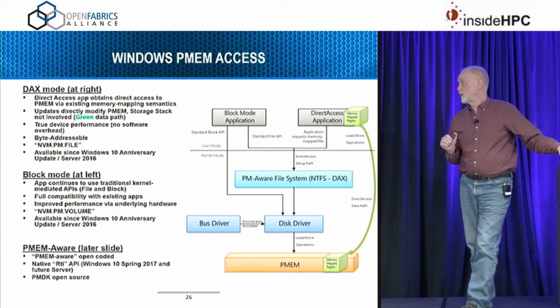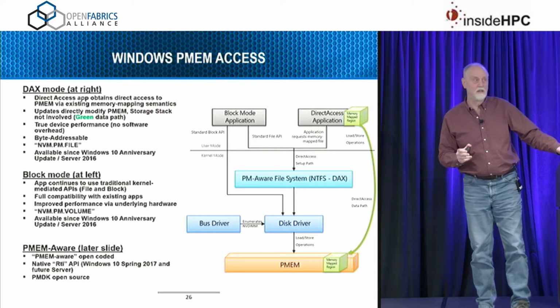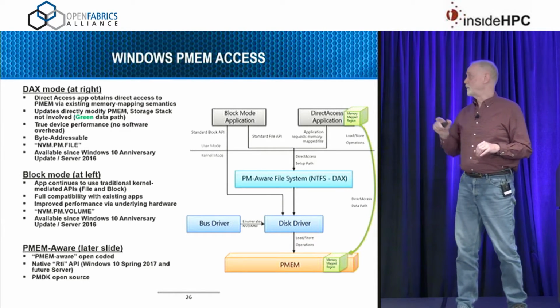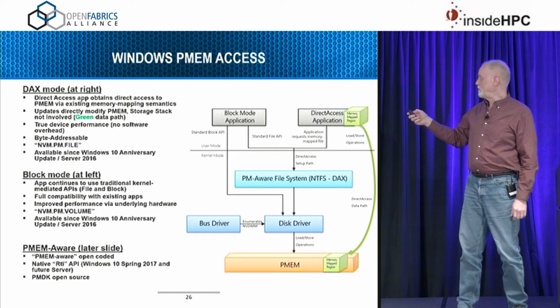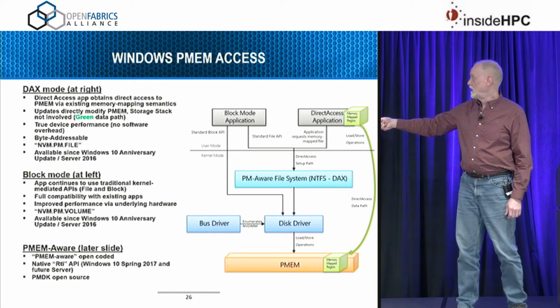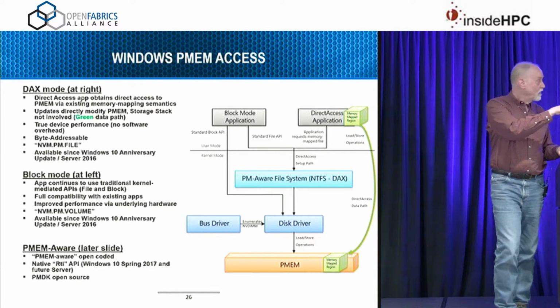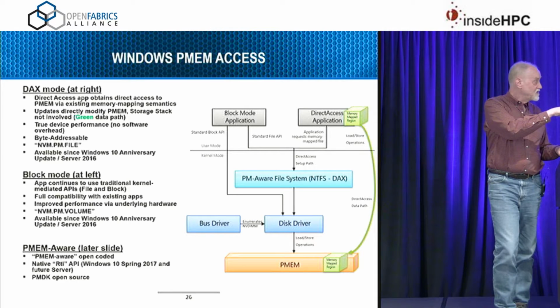So here's a little picture of Windows PMEM access. There are basically three modes that I'll talk about. At the top left, DAX mode, referring to the data path over here on the right. This is a direct access application going through the DAX file system down to a PMEM device. And this thick green line is the hot path for data access, where that application can get straight to memory.